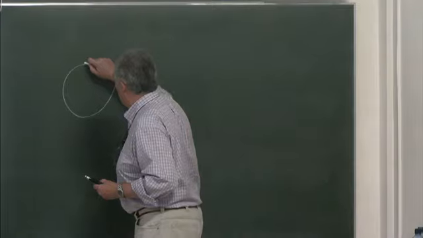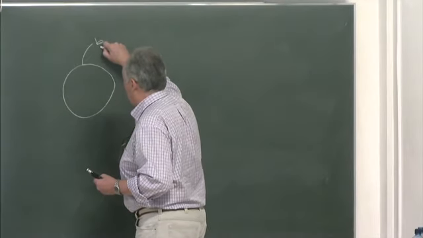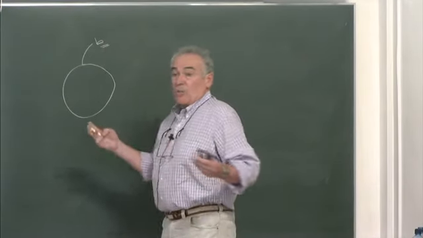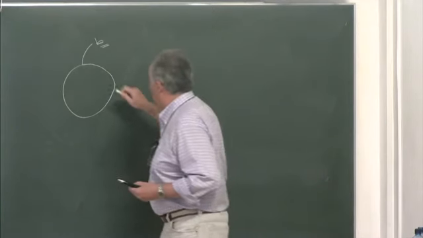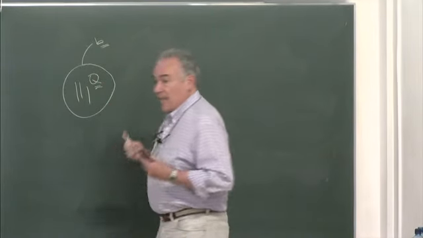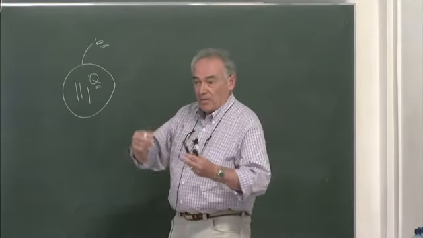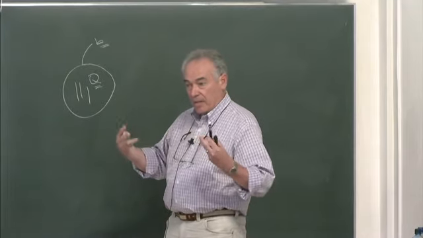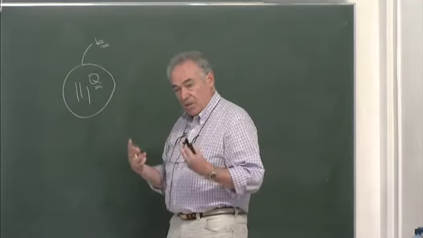Because you have a shape which is described by a curvature tensor, right? And then you have a Q tensor interacting with the shape. So you have two things talking to each other, shape and structure.